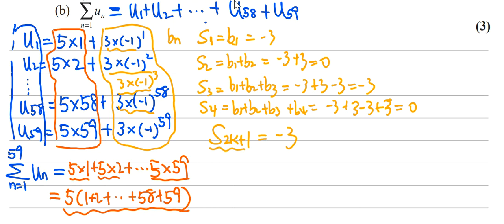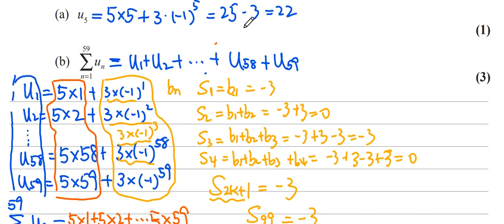If you have an odd number of terms of the sequence, say B1, B2, B3, B4, B5, like S99, the answer will be -3, yes? But if you have an even number of terms, like S2000, you are doing B1 plus B2 up until the 2000th term, it'll be 0, right?